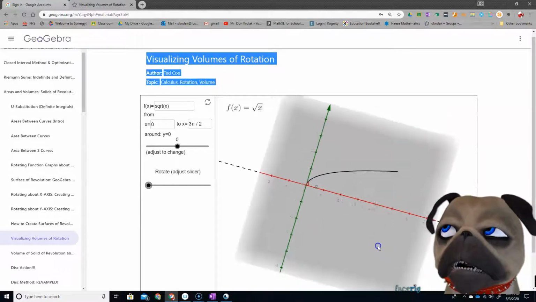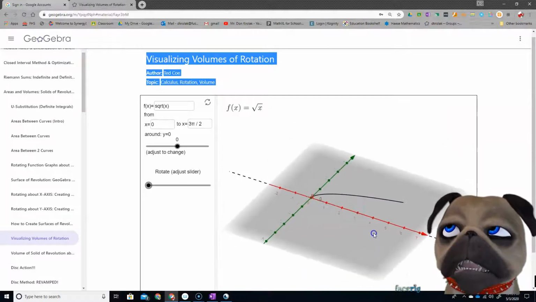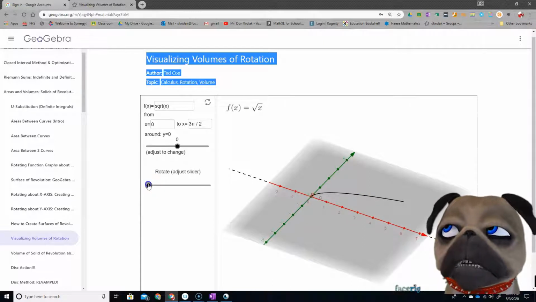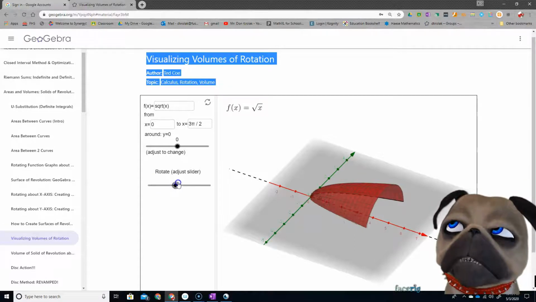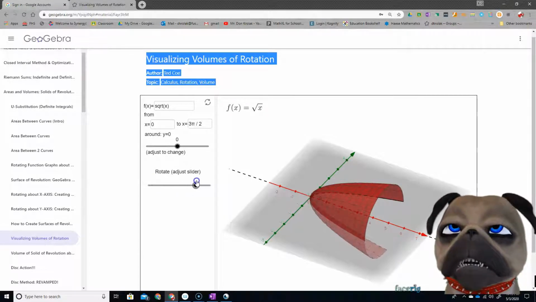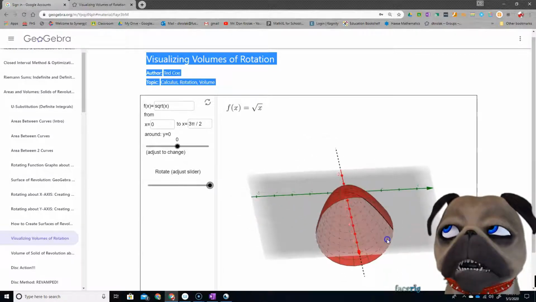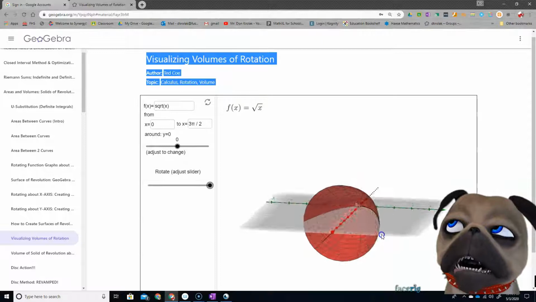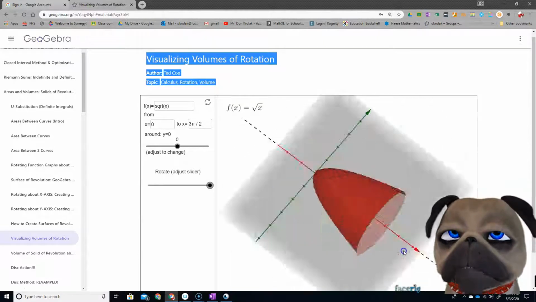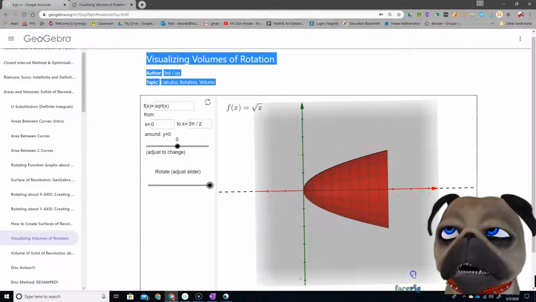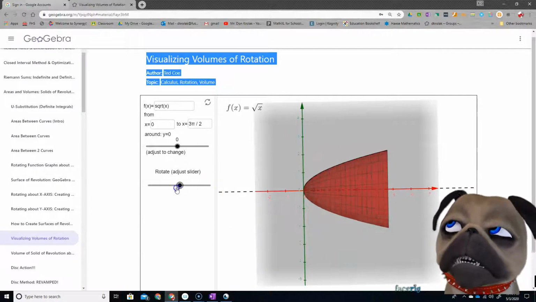But once we find the area under this curve, we're going to take that area between the curve and the red axis and spin it around the x-axis, creating a solid. Then we can find the volume of that solid using the area under the curve that we would have found initially.